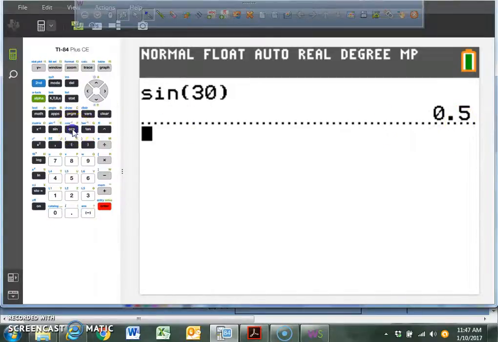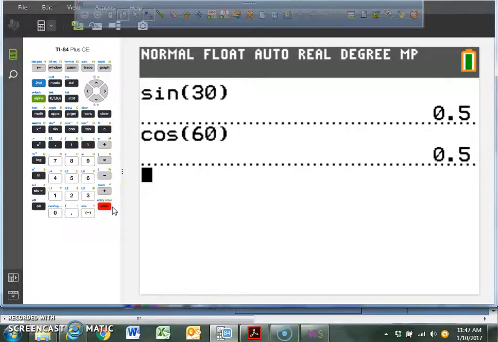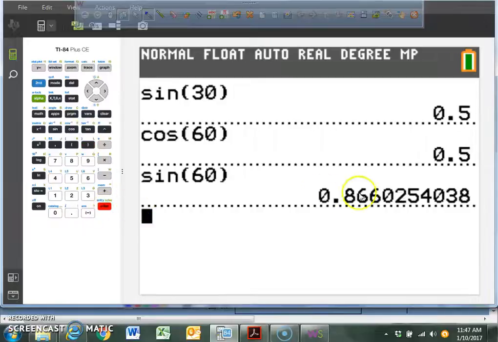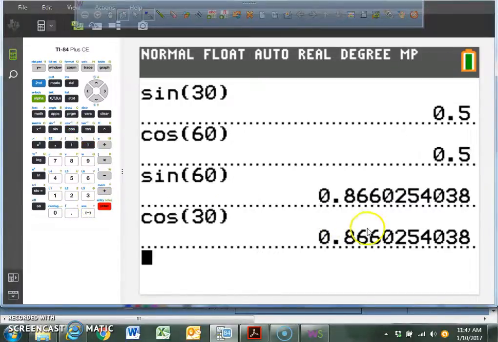And that should be equal to the cosine of 60 degrees, which is also equal to a half. See how you can prove to yourself that this is indeed the case? If I wonder what the sine of 60 is, the sine of 60 is 0.866. What should that equal? The cosine of 30. And there it is.